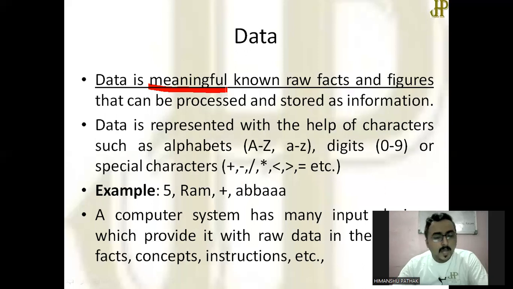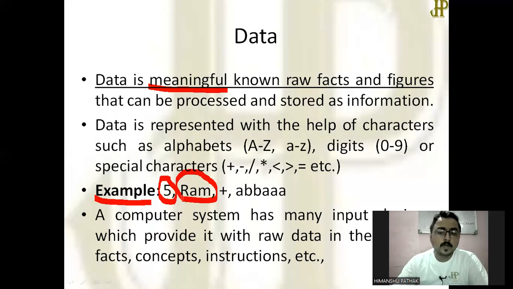Okay, as a layman, we know, as an example, that 5 is a digit, so it can be considered as data. Ram can be a lord in Hindu terminology, or Ram can be the name of anyone.